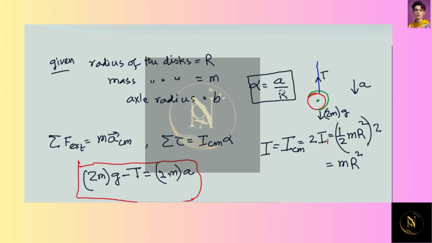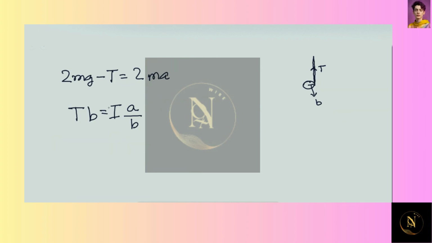So this will be b, not r. If we eliminate T from these two equations, we'll see that a will be equal to 2mg divided by 2m plus I by b squared.